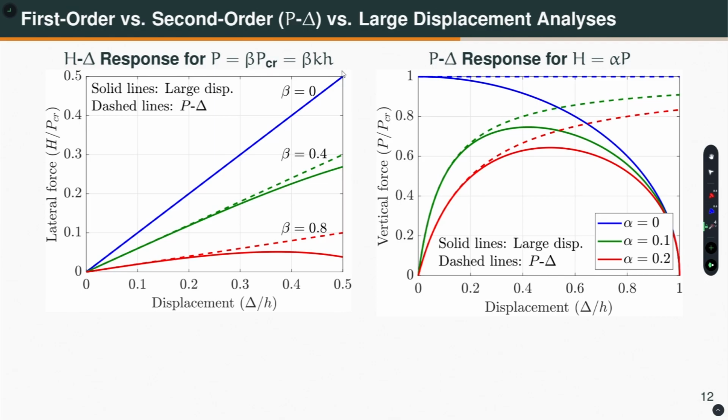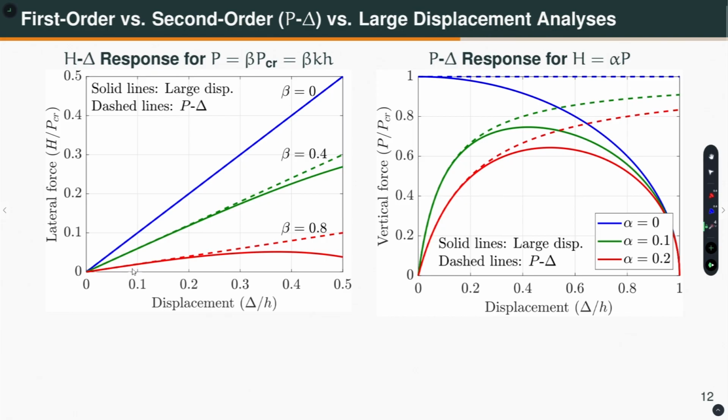But imagine that there is gravity load P. Okay. If you do a simplified P delta analysis or a second order analysis, then the result is the dashed line here. This is the result for a simplified P delta analysis for 40% of the critical load as the applied gravity load. Okay. If you do a large displacement analysis, then green is the result. So, this solid line is the result for beta equal to 0.4.